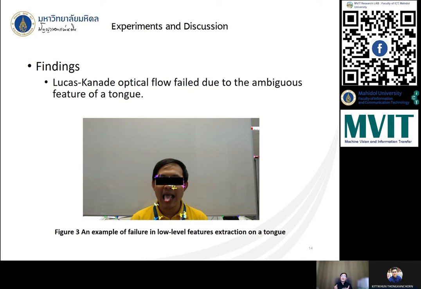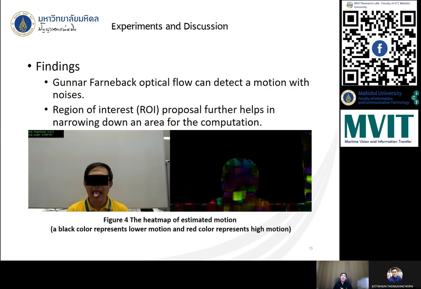It detects key points like the texture of the shirt or the background instead of the tongue area. So instead, we use dense optical flow on a region of interest. The first is the mouth area as the region of interest. In the second attempt, we apply it on the segmented tongue area. In both of them, we apply dense optical flow.